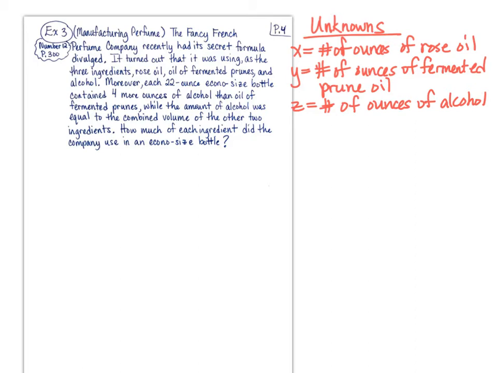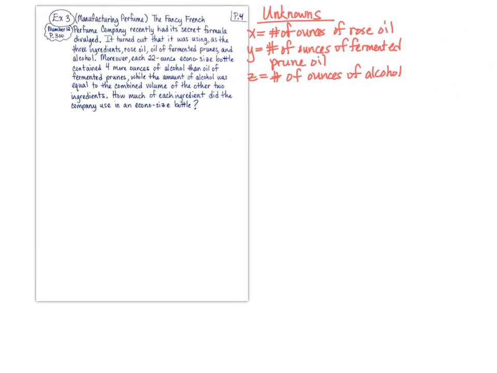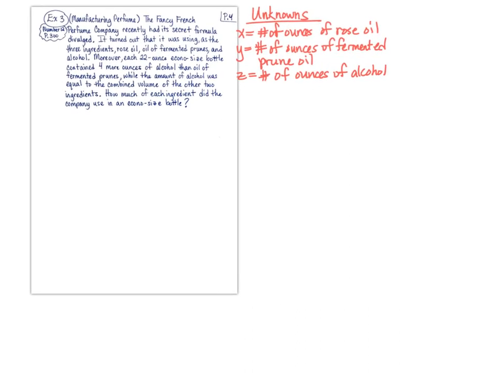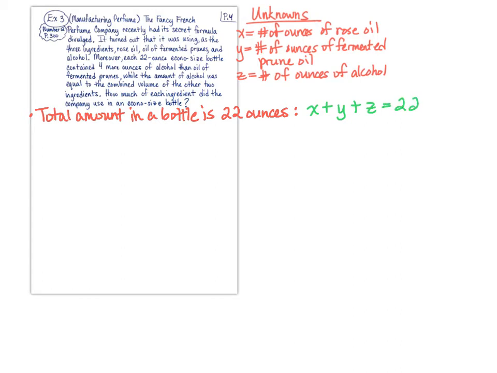So we have a few things to factor in here. Make this smaller. We're going to need the room. Can you still read that? Okay. So we have the total amount in a bottle is 22 ounces. So from that, we can conclude, I'll write our equations in green, x plus y plus z equals 22.